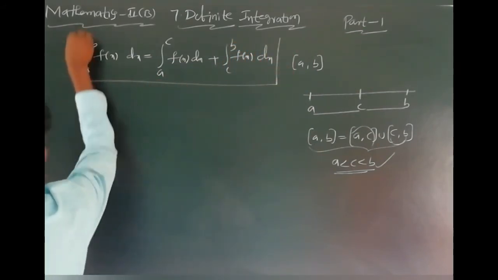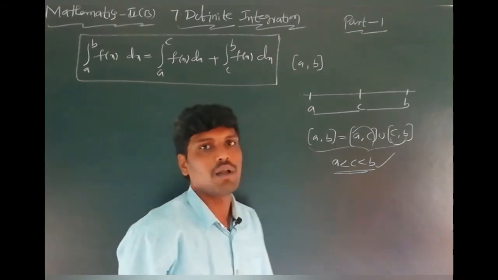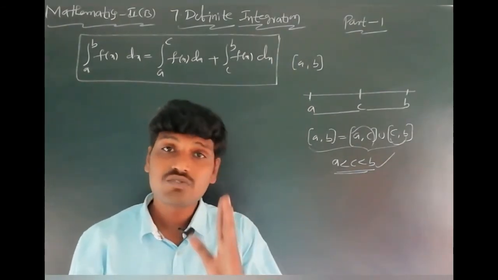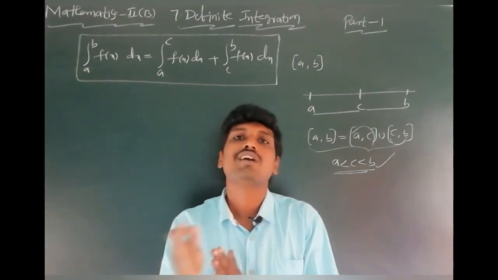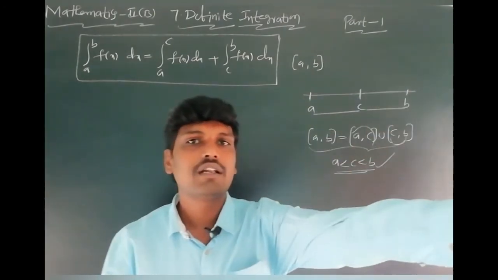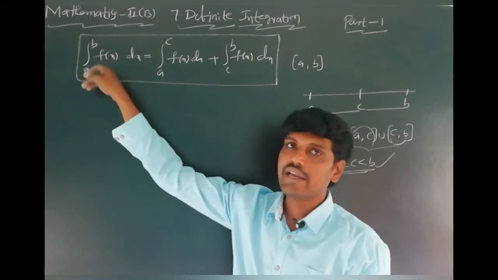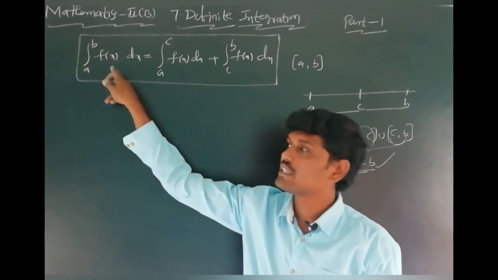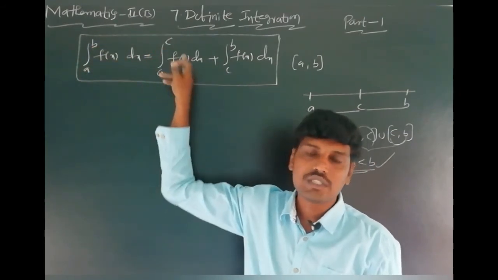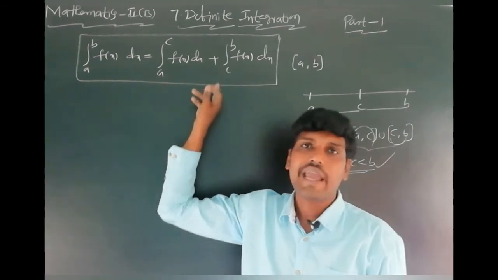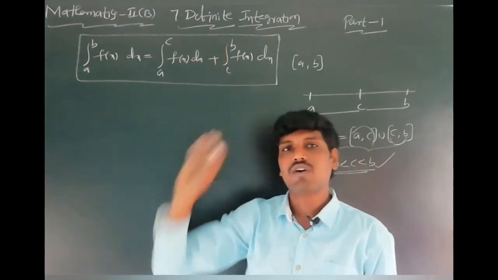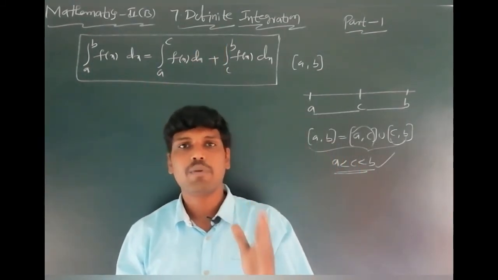This is a very important formula of definite integration. Using this formula you can divide the interval at any real number. The formula is: integral a to b of f of x dx equals integral a to c of f of x dx plus integral c to b of f of x dx.